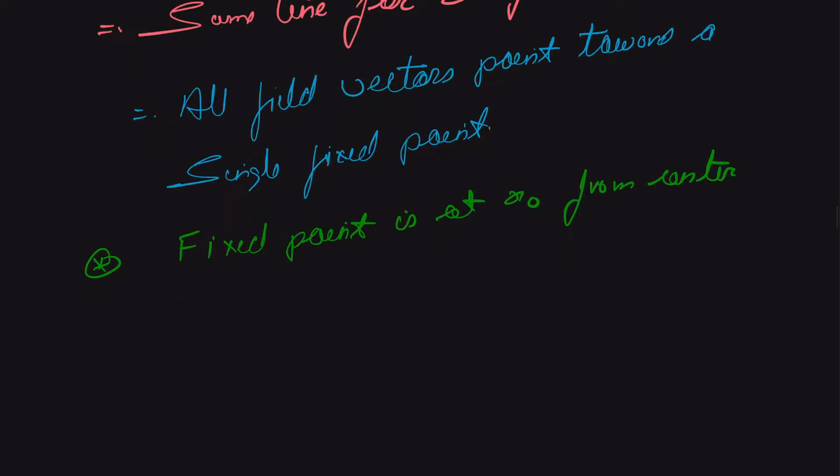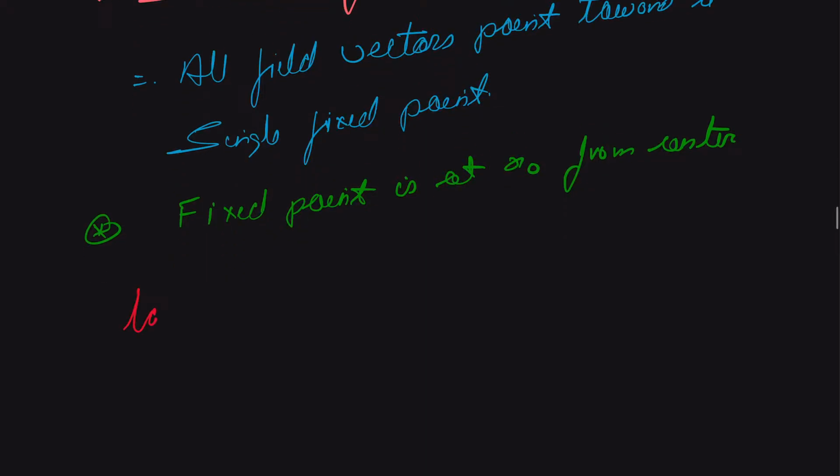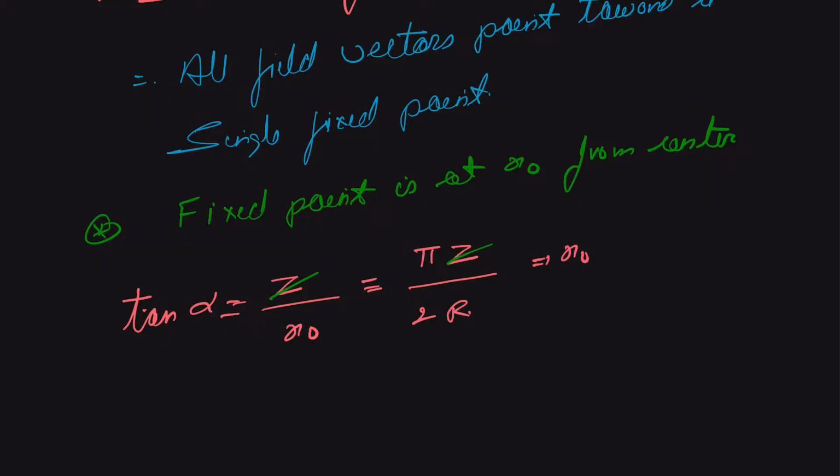Therefore, once again, we can write our tangent of alpha will be equal to z upon x0, and we just found out our tangent of alpha, so we can just equate them. This becomes as over 2r. So this z and z cancel out, and this gives us that the value of this x0 will be equal to 2r upon pi. So this is our location of this x0.